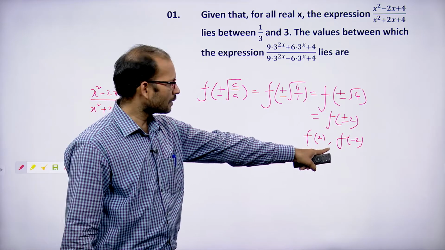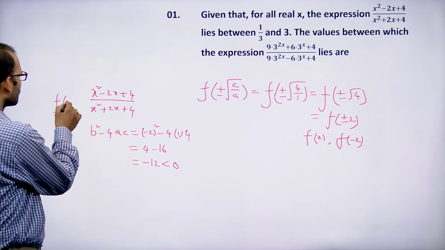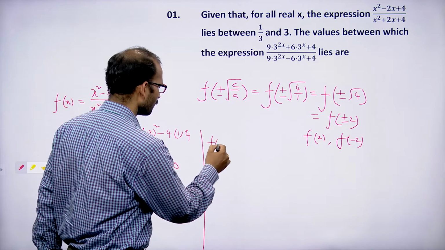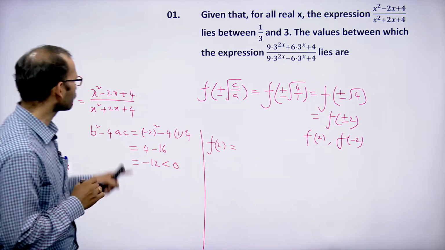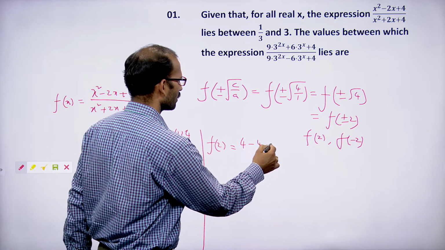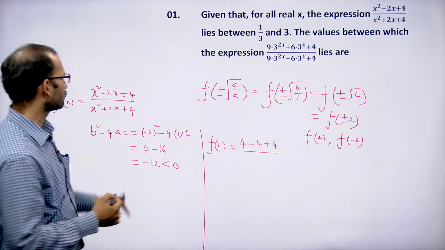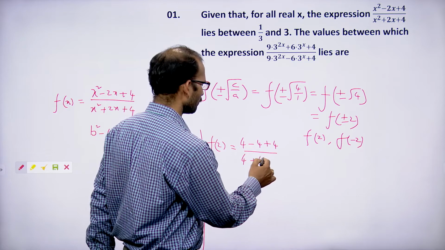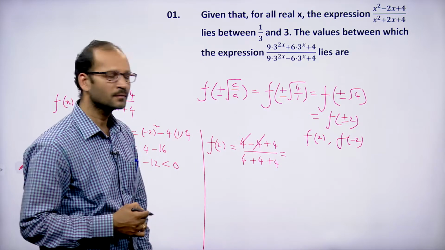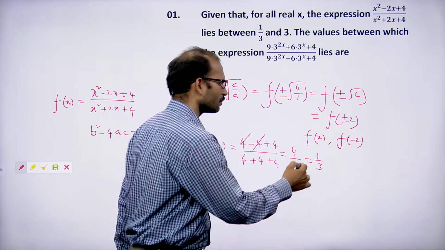Now what is f of 2? This is f of x, right? f of 2 equals 2 square is 4, minus 4 plus 4, by 2 square is 4, plus 2 into 2 is 4, plus 4, which equals minus 4 plus 4 cancel, 4 by 12, which equals 1 by 3.